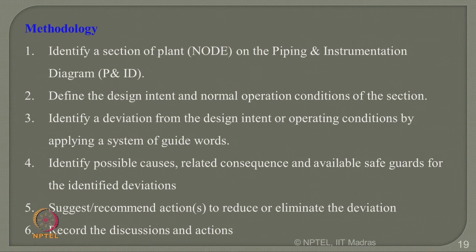Let us quickly explain, very briefly, the methodology used for the process in a group gathering station. The methodology of a HAZOP report follows step by step. In a given process piping and instrumentation diagram, first let us identify the section of the plant, which we call a node of the plant. Friends, please understand, a HAZOP report is never done for the entire plant, it is done only segment wise.